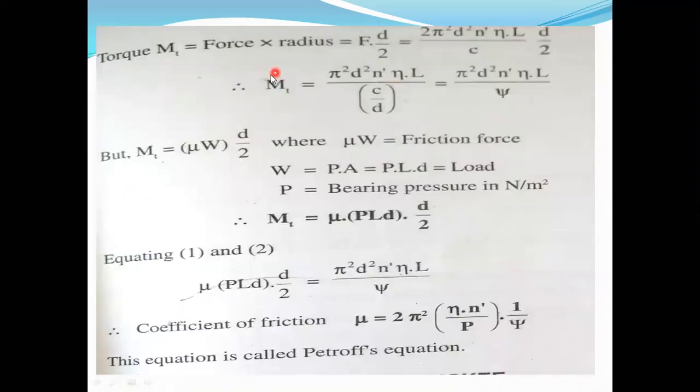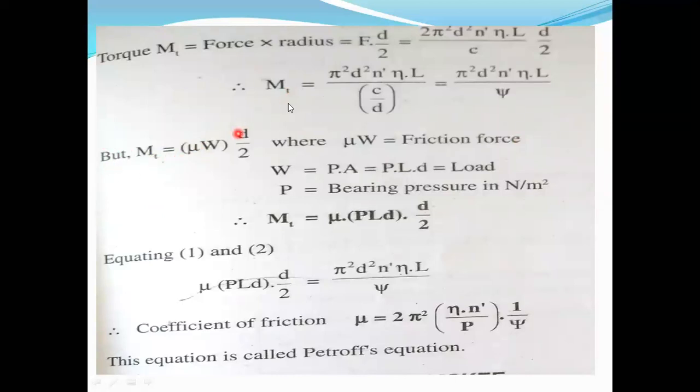Now this is nothing but torque Mt. But we also know that torque is equal to mu W into d divided by 2, where mu W is the frictional force, and W is load, that is p into area. Load can be written as p into L into d, where p is bearing pressure. So this is another formula to calculate torque Mt.